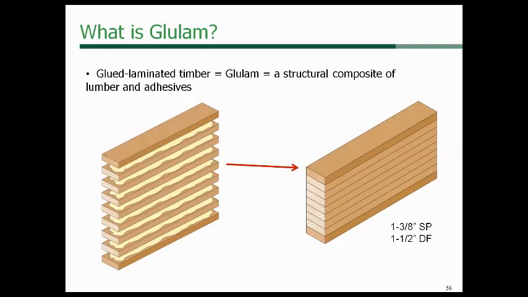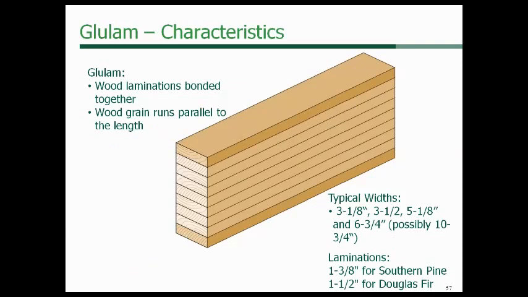But I just wanted you guys to be aware that you will want to confirm sizes with your supplier. So the way glue-lam works is that the laminations of wood are bonded together with an adhesive that is manufactured according to very rigorous standards, and the grain of the wood runs parallel to the length of the beam. So that means that the strong axis of the beam is oriented all in one direction.